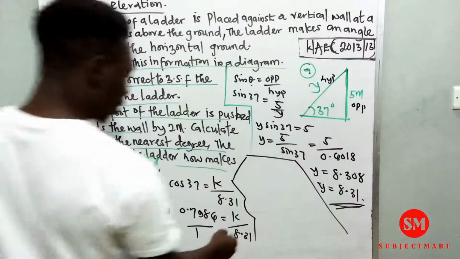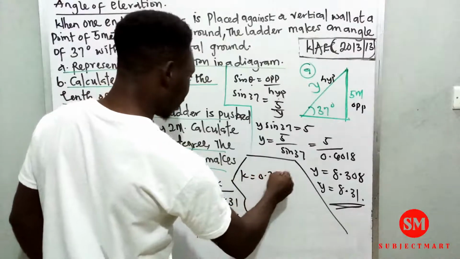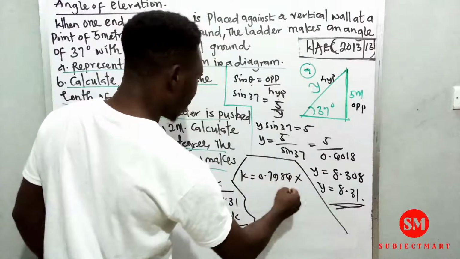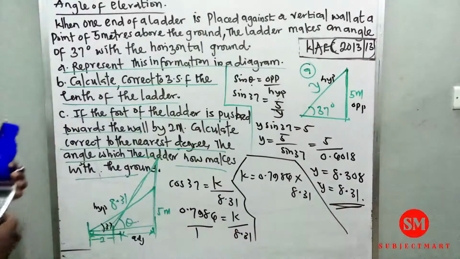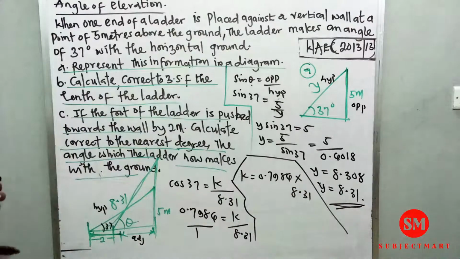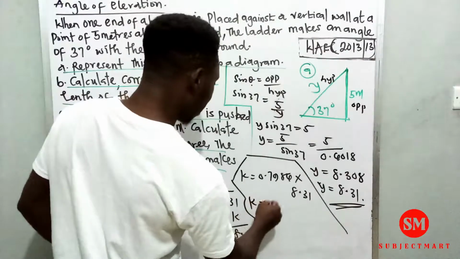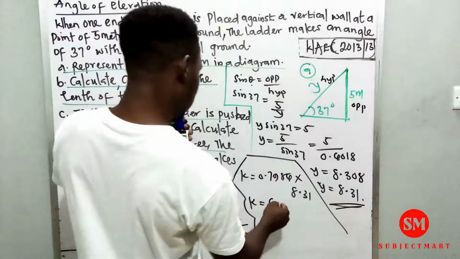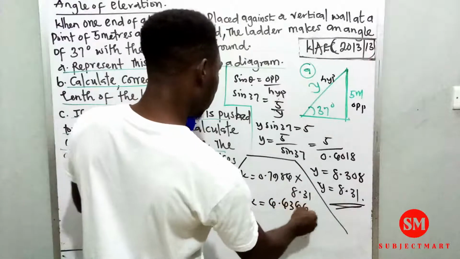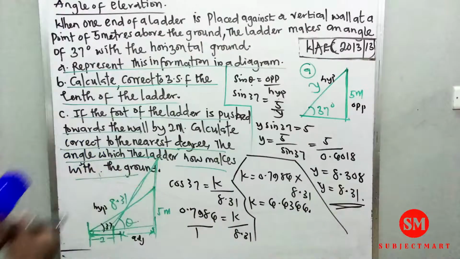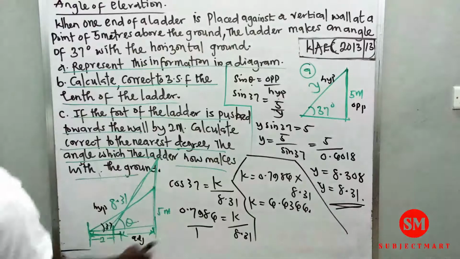So cross multiply, this becomes that k is equal to 0.7986 multiplied by 8.31. So if you multiply that, k is now going to give you 6.6366.